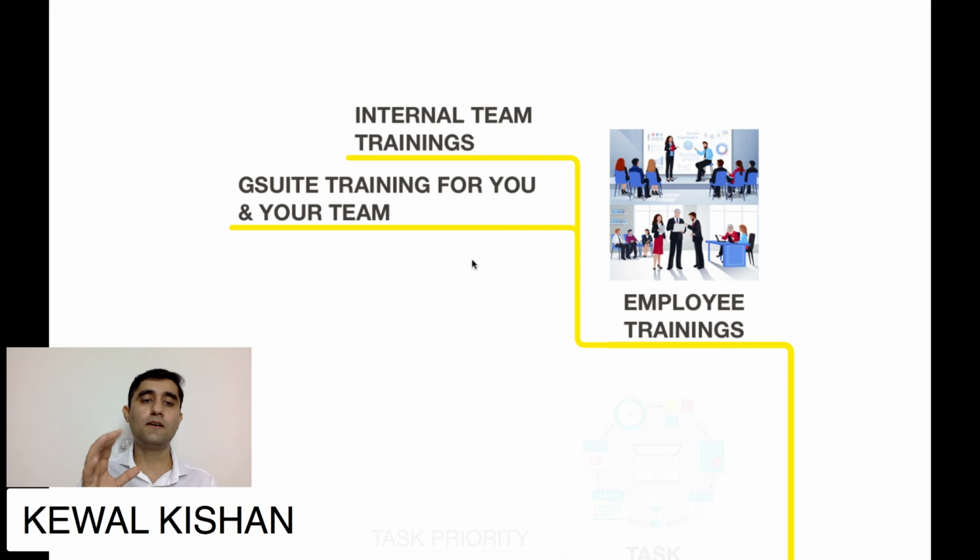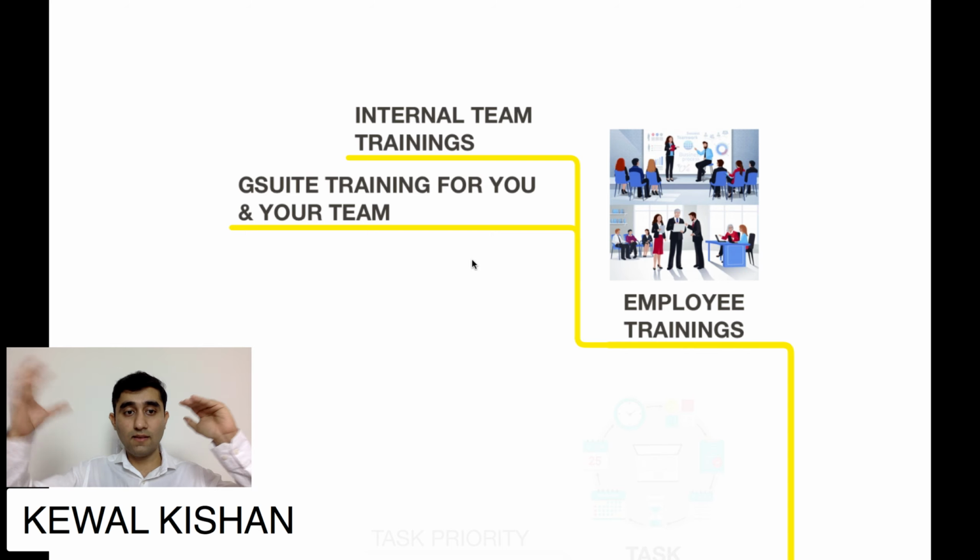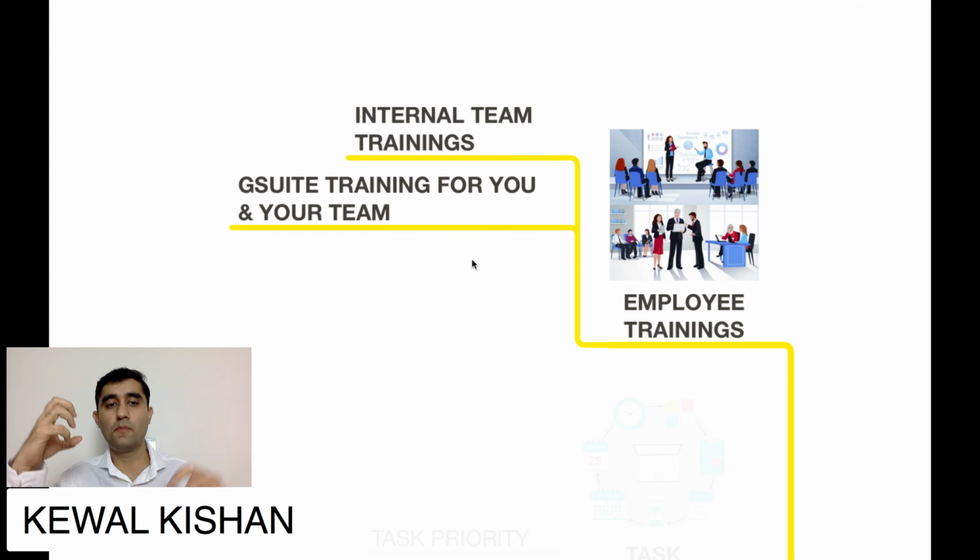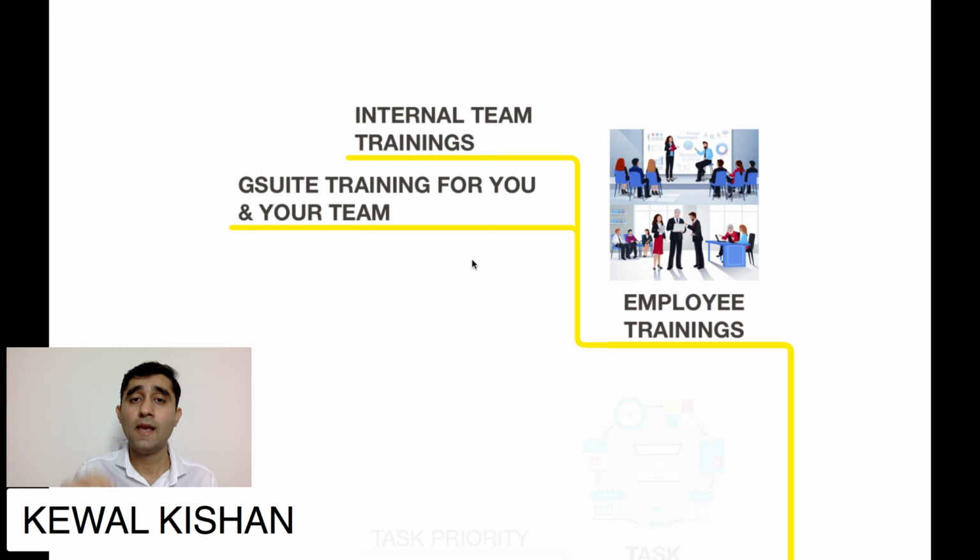So first is internal team training. You can find out that this guy is good at this and another guy wants to learn it. So you can match them so that one team member can train another team member. In their KRAs, make sure that in the entire month, you ask them to devote at least 4 to 5 hours, or maybe up to 10 hours in a month, or a couple of hours in a week, to training other members.